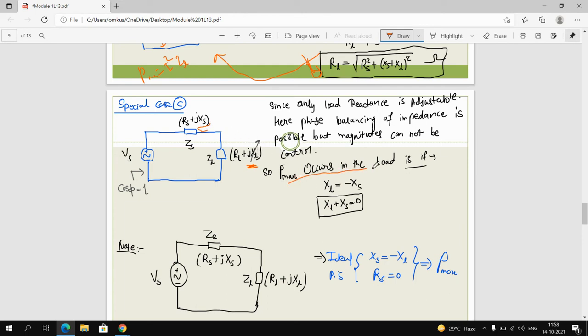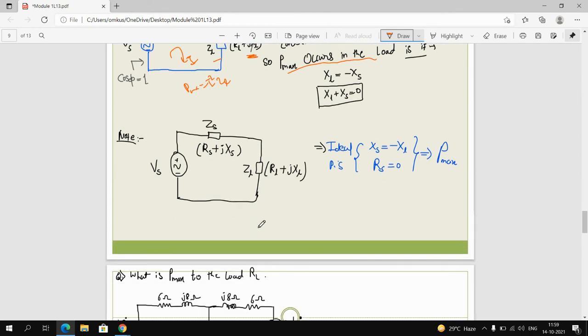So Pmax occurs in that load if XL is equal to minus XC. Once these terms cancel out, then resubstitute the value of this ZL and find out the current in that circuit, and in a similar way you can find the maximum power transfer to that load. So here Pmax is also I square ZL, right? I hope this is clear.